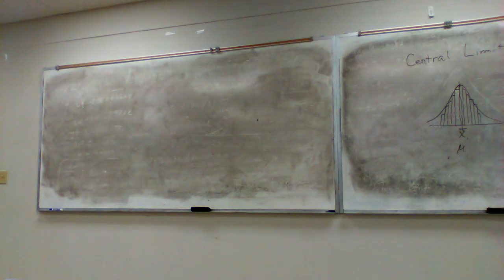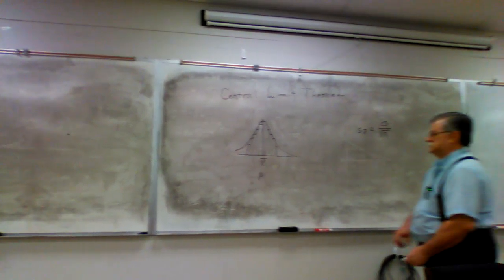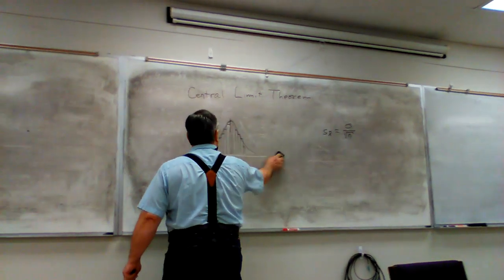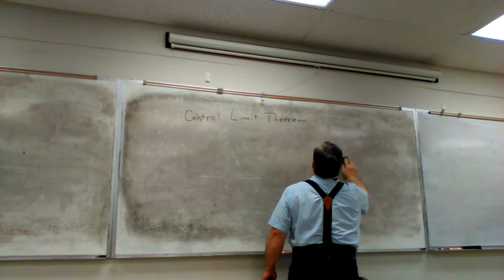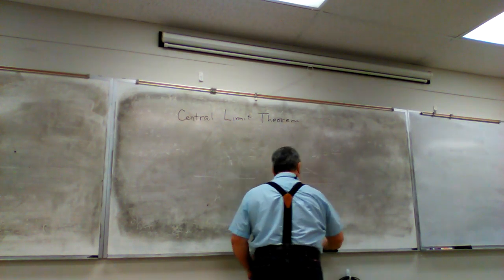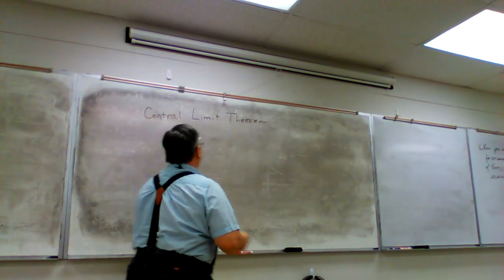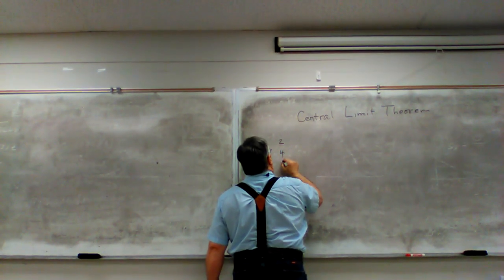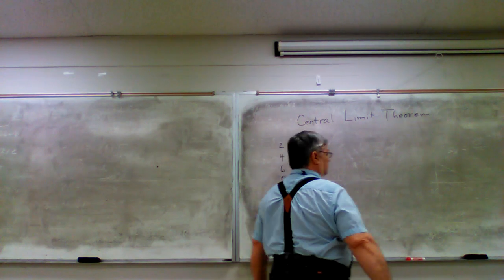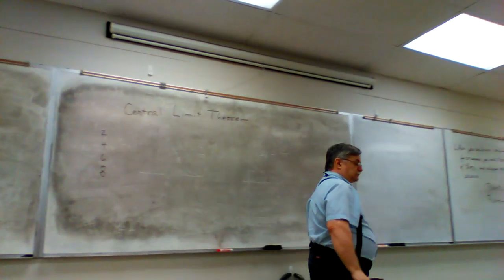Suppose a professor gives an 8-point quiz to a small class of 4 students. The results of the quiz were 2, 4, 6, and 8. Okay? It's an 8-point quiz, and he gives it to 4 students, and the scores are 2, 4, 6, and 8.